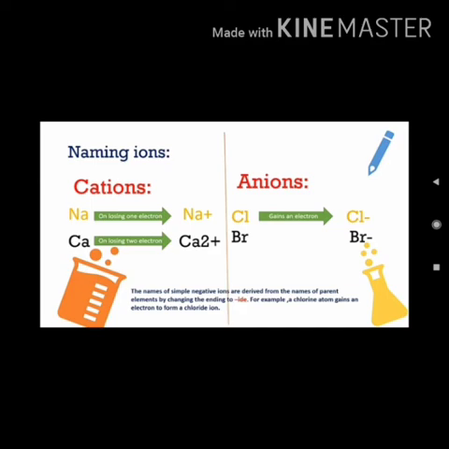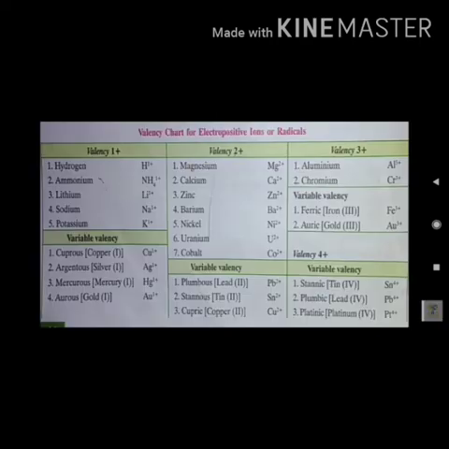And bromine, when it gains 1 electron, becomes the bromide ion. So in the case of negative ions, you use the suffix ide at the end of the element name. For example, chloride, bromide, oxide, and in the same way hydroxide, right?